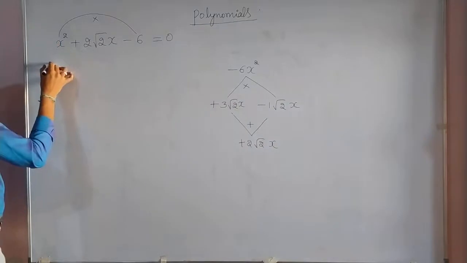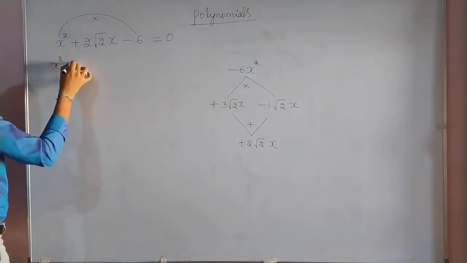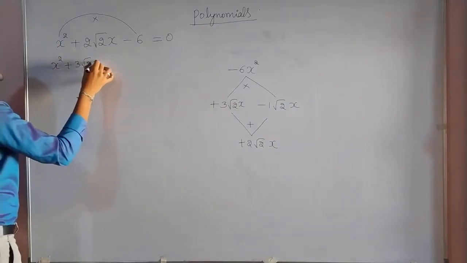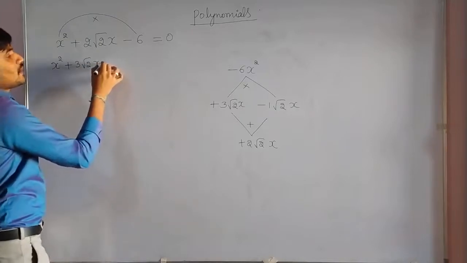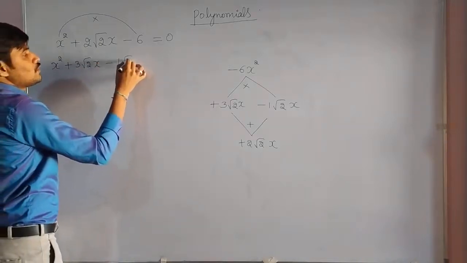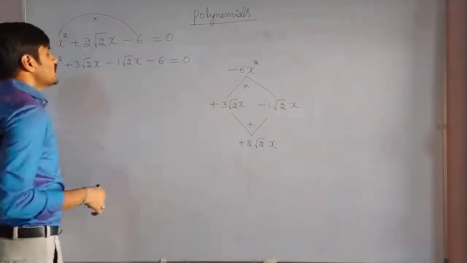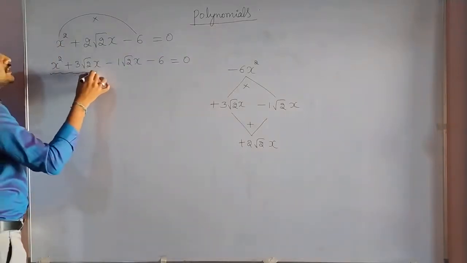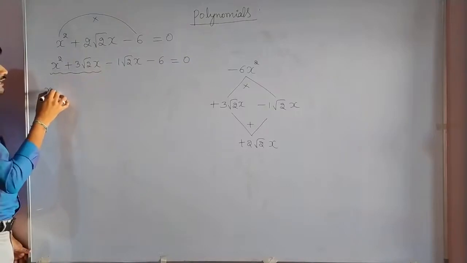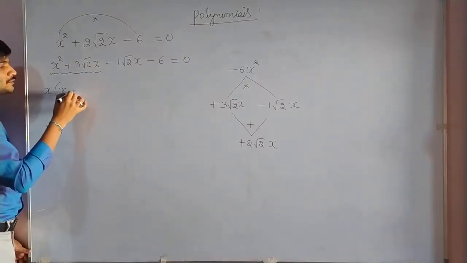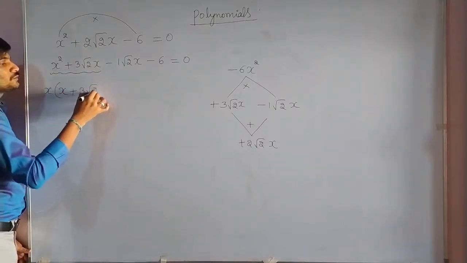Now x square plus 3 root 2 x minus 1 root 2 x minus 6 is equal to 0. In the first two terms, you can take x as common, so you will get x plus 3 root 2.